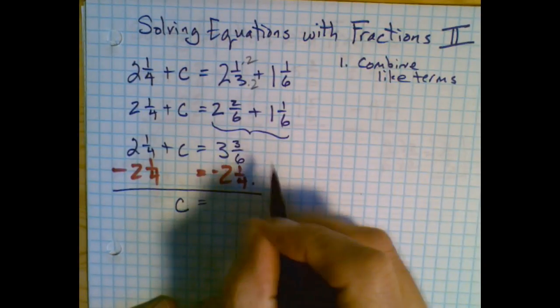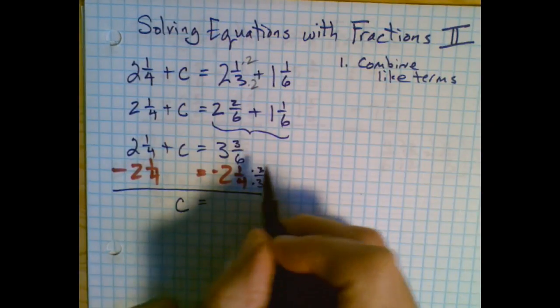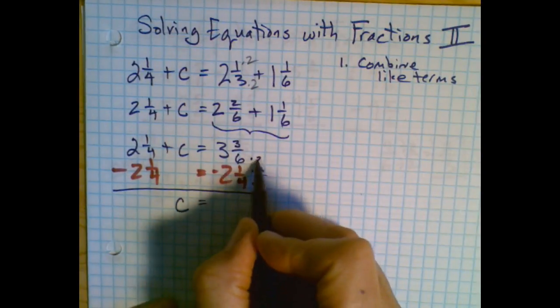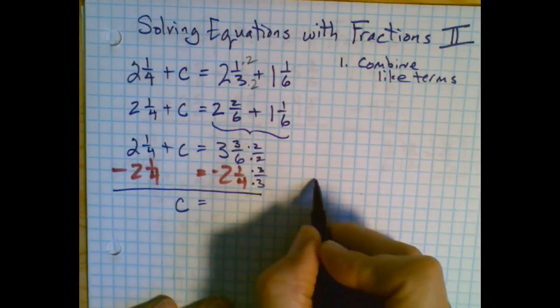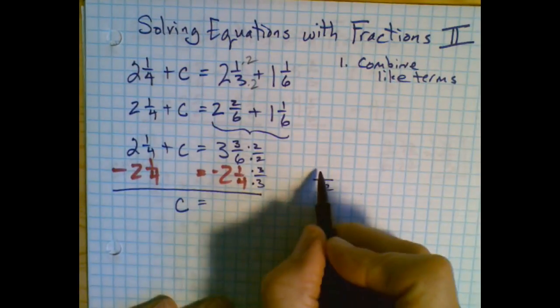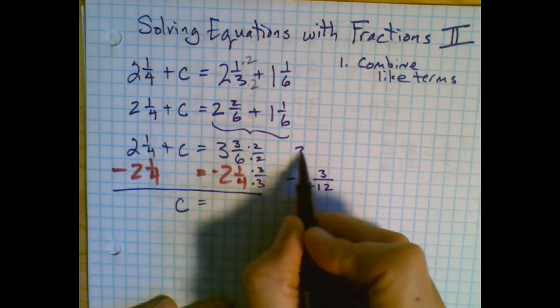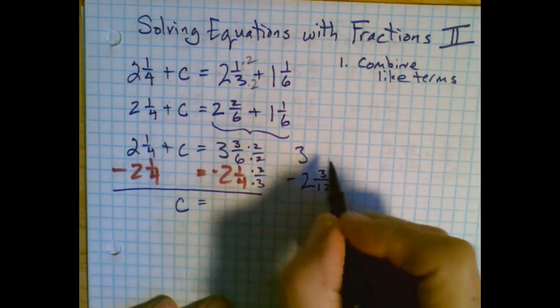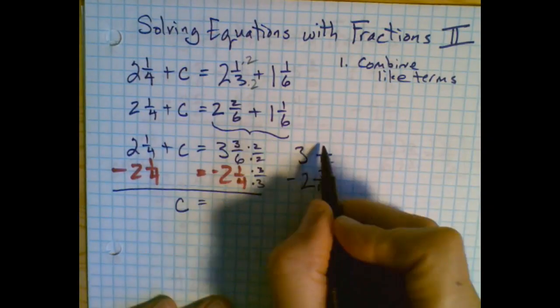So I can do that by multiplying this by 3, top and bottom. And if I multiply this by 2, top and bottom, I will see that I have a common denominator of 12. So 1 times 3 is 3. So on the top I have 3. 6 times 2 is 12. 3 times 2 is 6.